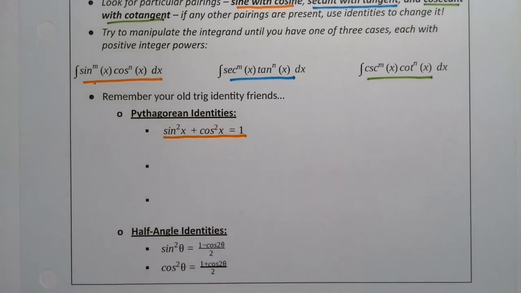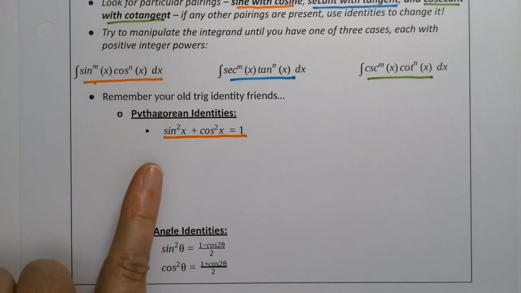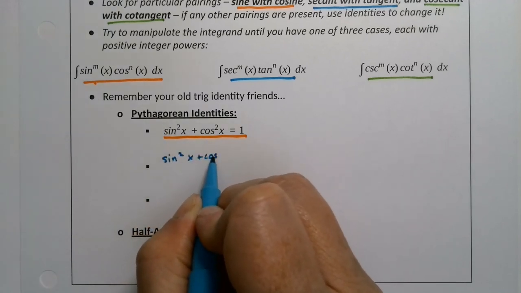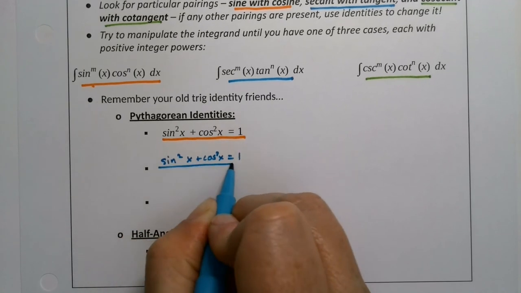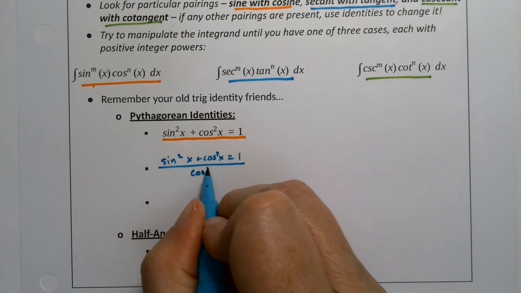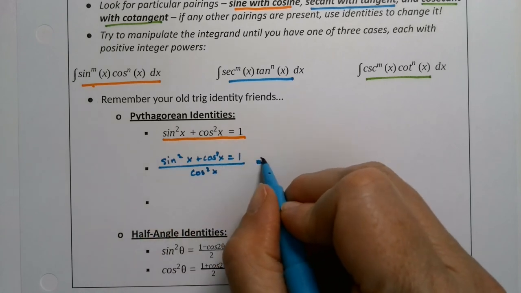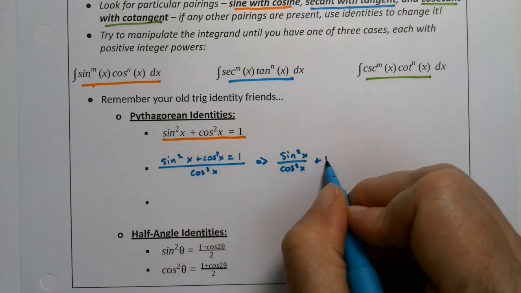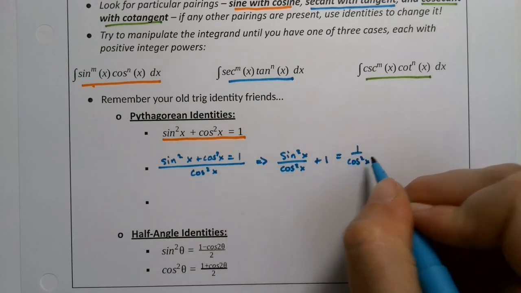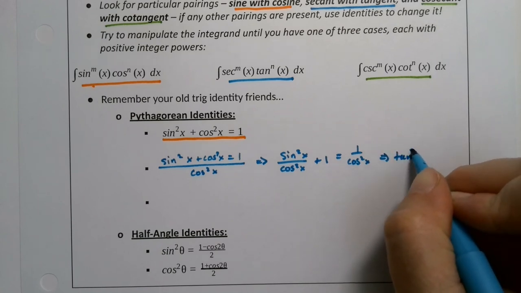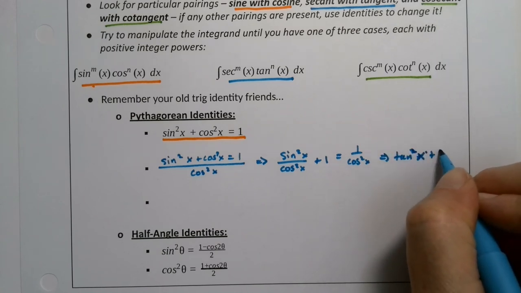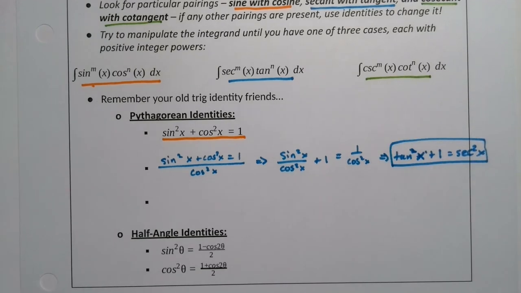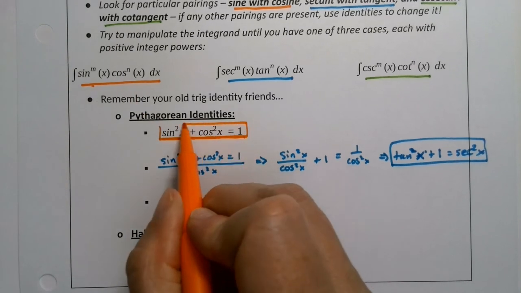But of course, if we divide everything by cosine squared in this one, which we could, so if I took sine squared x plus cosine squared x equals 1, and I divided everything by cosine squared, that would give me sine squared over cosine squared plus 1 equals 1 over cosine squared, which would be tangent squared plus 1 equals secant squared. So there's identity number 2, right? That's the secant tangent pair.